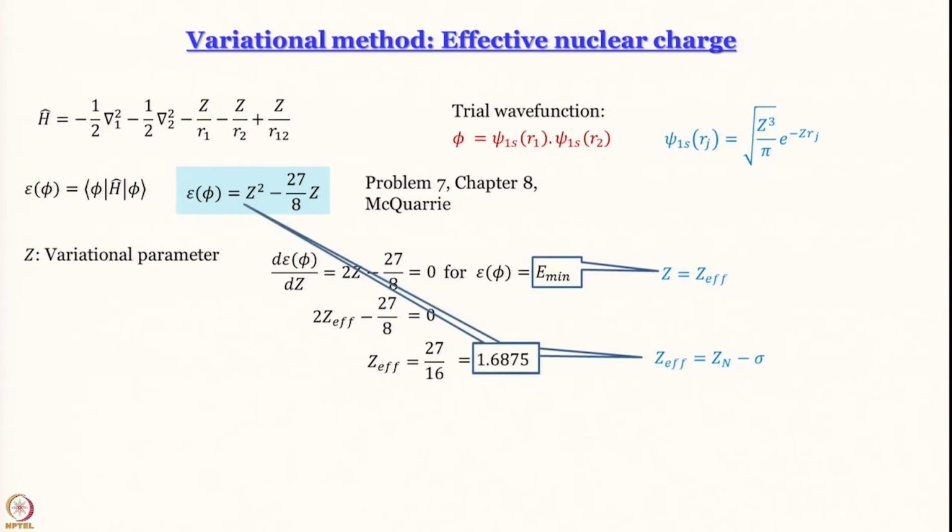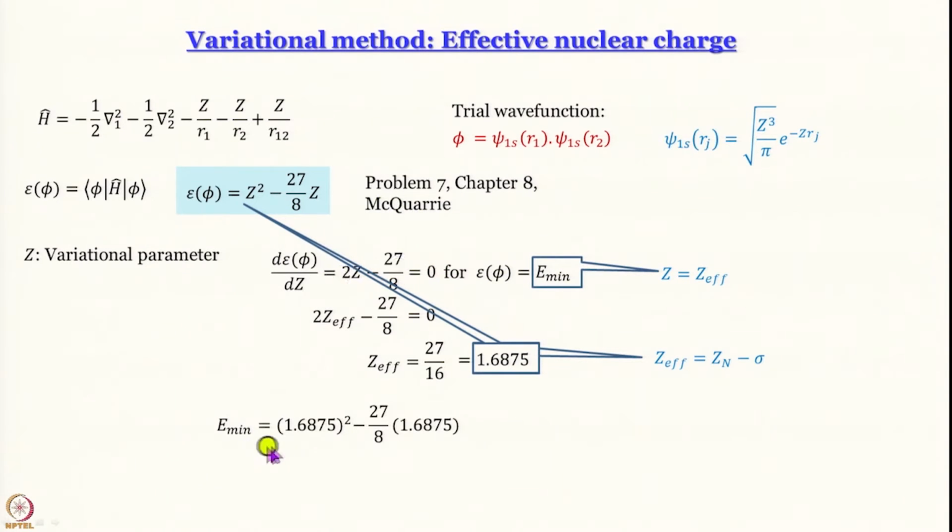Okay. Now, what will we do? To find the value of E min, we take this effective nuclear charge and plug it in there, not to find the value of epsilon, sorry, to find the value of E min, right. So, we know Z effective, we plug the value of Z effective in the expression for epsilon to find E min. Let us do that.